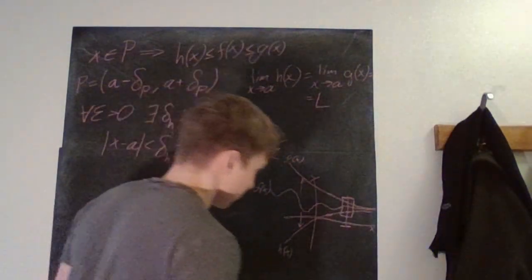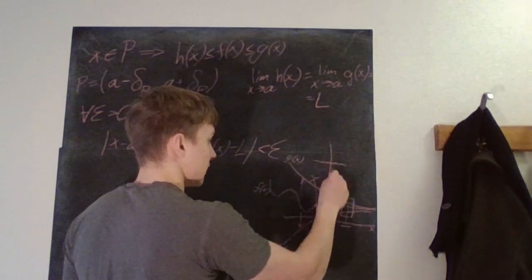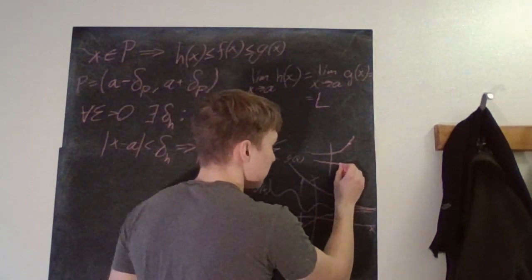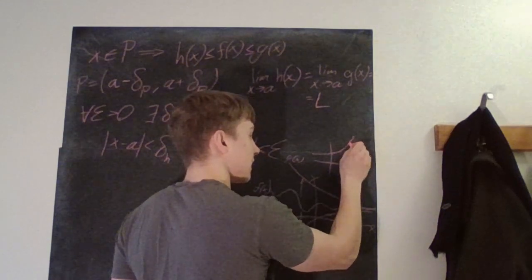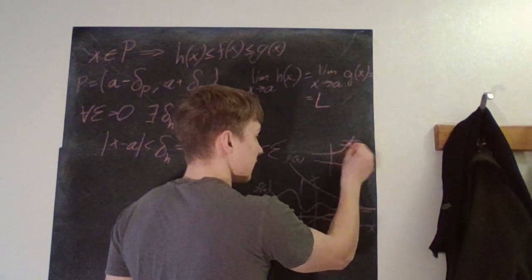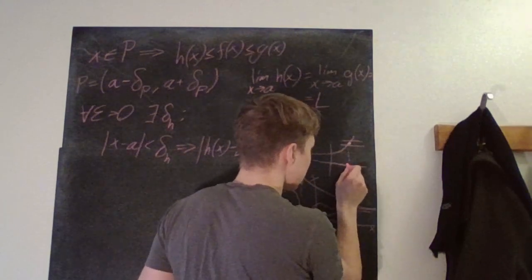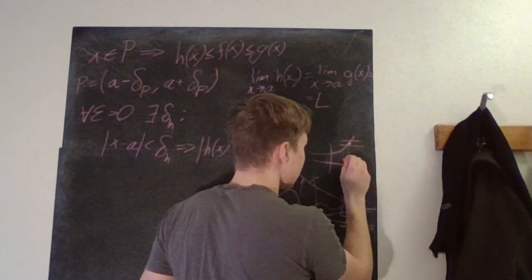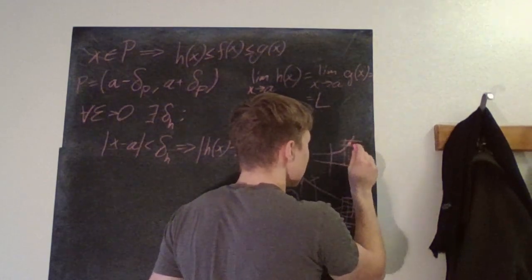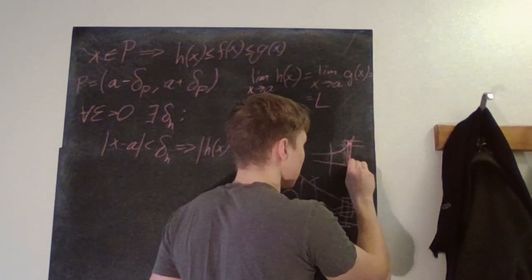So if we have some kind of function here, looks like that, and we want to find the limit at this specific point, then if I said it has to be this far apart, you can always find an interval right here, sorry, I drew it incorrectly, you can always find an interval here so that it is close enough.